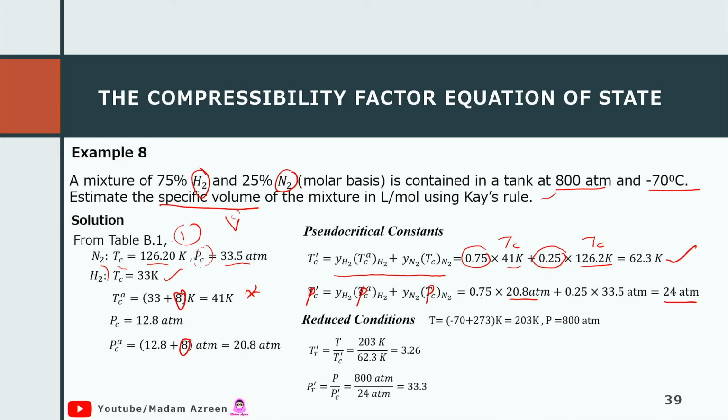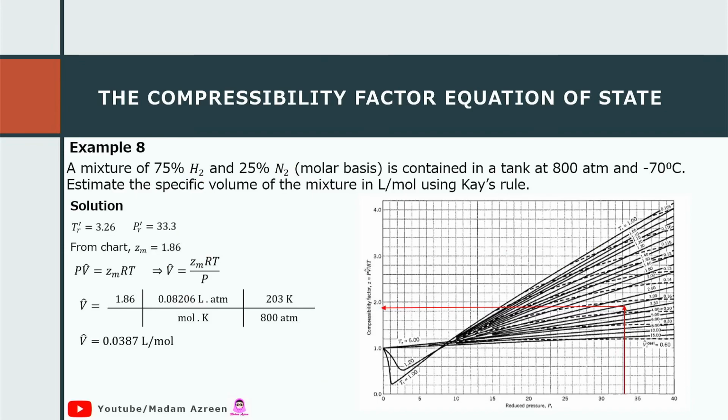You then need to calculate the reduced values, which are TR and PR. Notice that for a single component we use TR, for a mixture we use TR with an apostrophe. So you have the values of TR and PR, two parameters, and you can take a look at the compressibility chart. For the value of PR here, we go straight to the line, and then we go to the line of TR.